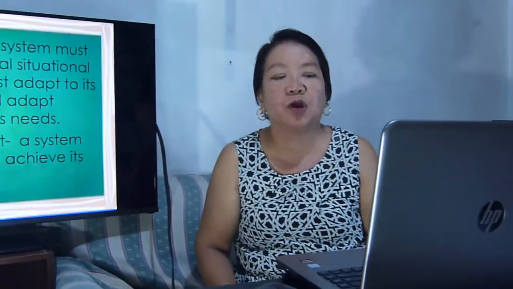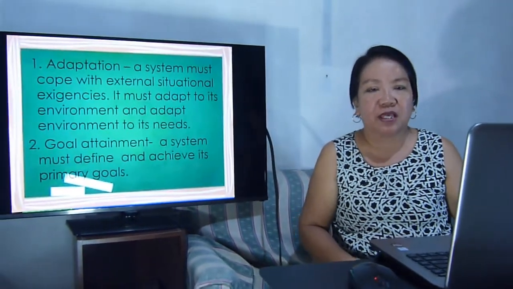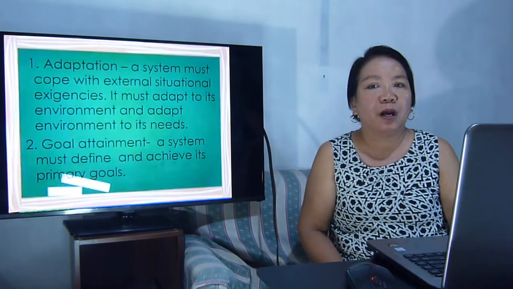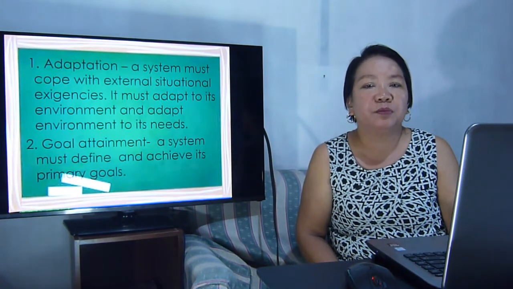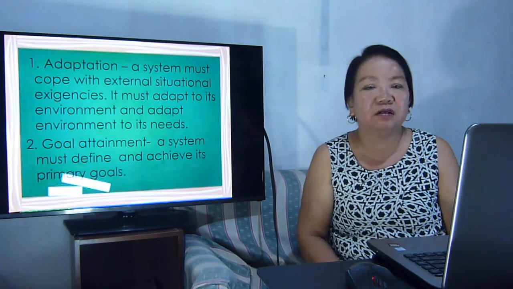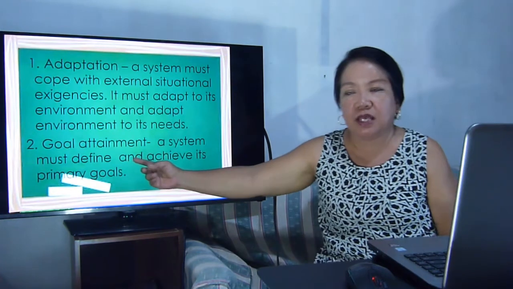Okay? Next, goal attainment. A system must define and achieve its primary goals. What do you know about the goals of King's College? You are about to leave KCMI. You will be on your last two semesters. You should know what the goals of King's College are.